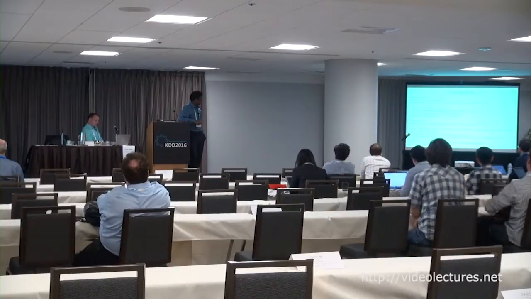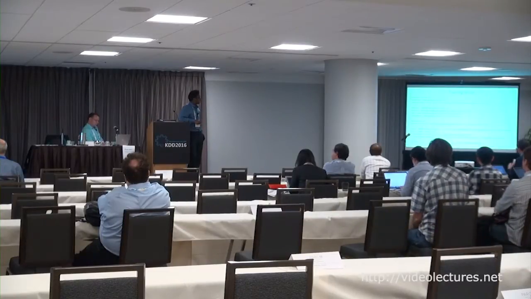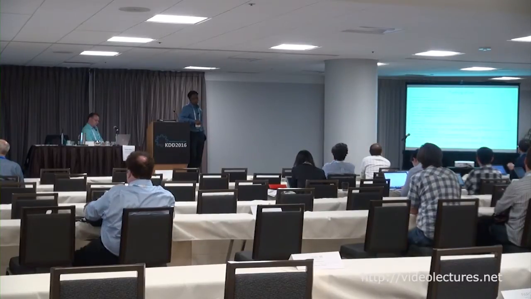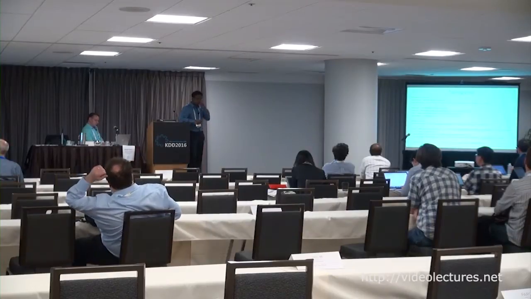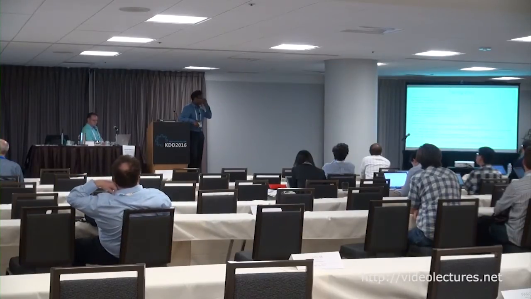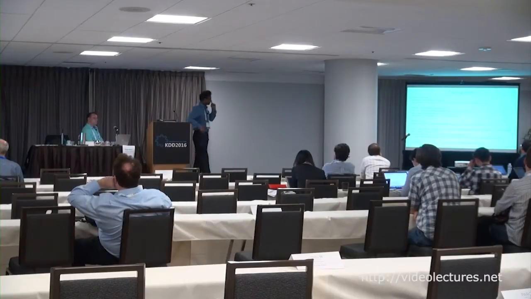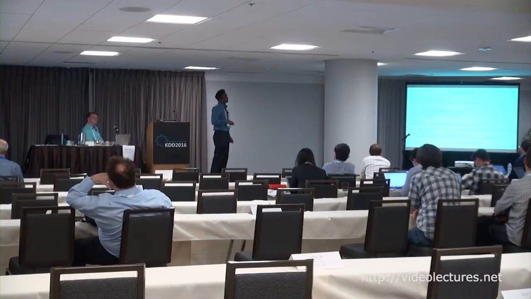And after having instantiated this trainer, we have this core mini batch loop where you take this mini batch source, get mini batches one at a time, pass them to the trainer. Internally, the trainer takes this mini batch, computes the gradients for that mini batch, passes that to the learner, which updates the parameters using whatever learning algorithm it implements, and you go on and on until you decide to stop. Right?